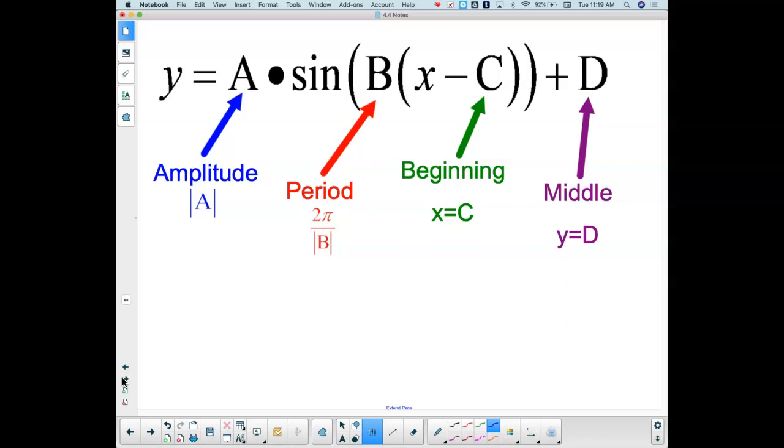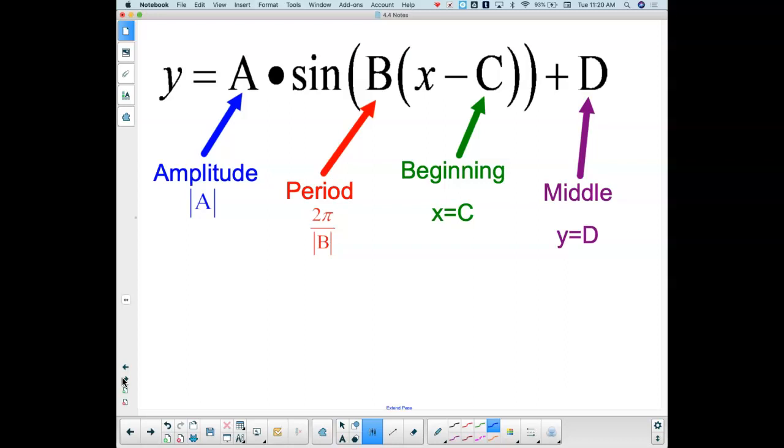Up, down, depending on D. It's not in a set of parentheses, so it's straight up. It moves it how it needs to move. So the D value combined with the A value then sets the low and the high of my function, which sets the range, which is all that fun stuff.